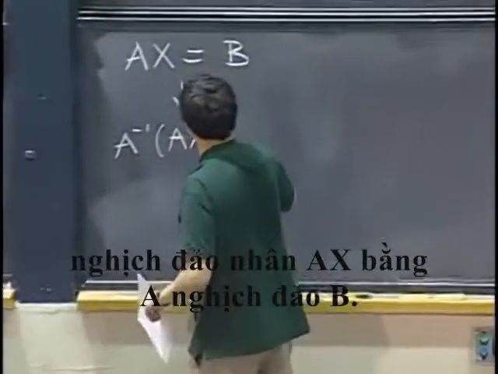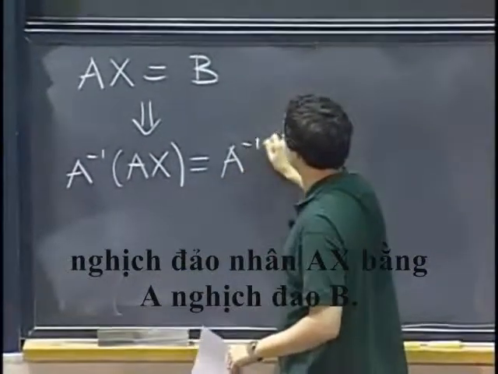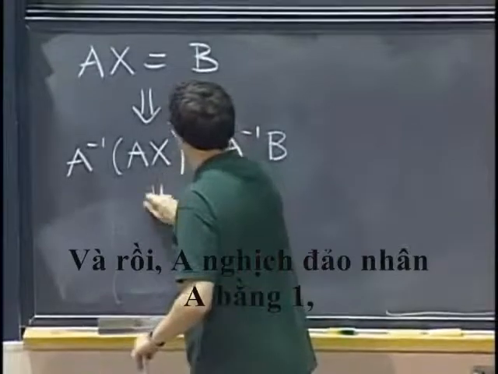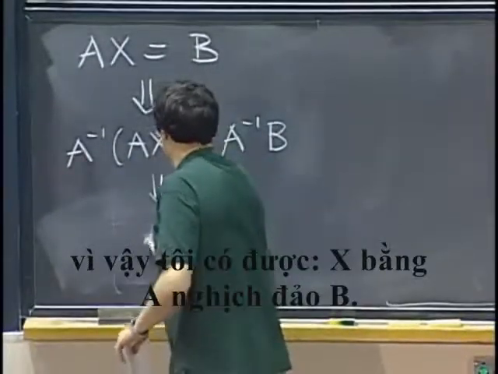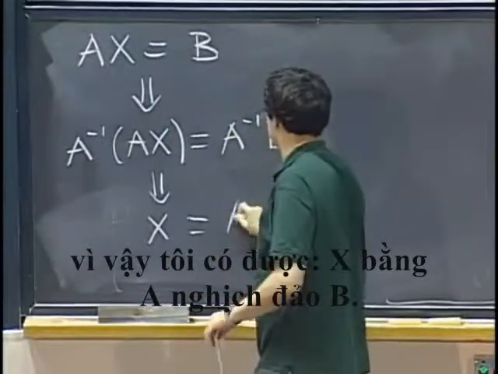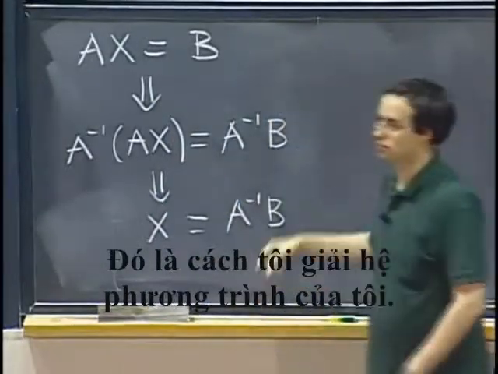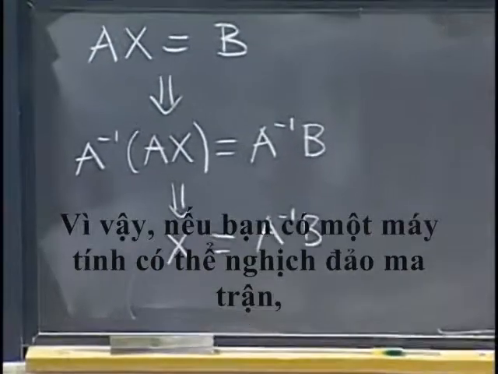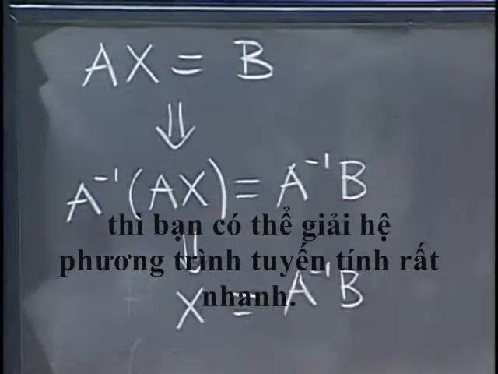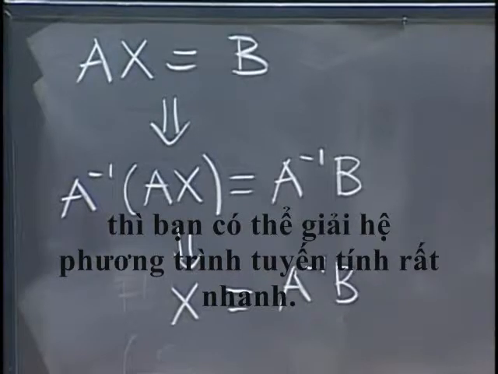A inverse times AX is A inverse B. And then A inverse times A is identity. So I get X equals A inverse B. Okay, that's how I solved my system of equations. So if you have a calculator that can invert matrices, then you can solve linear systems very quickly.